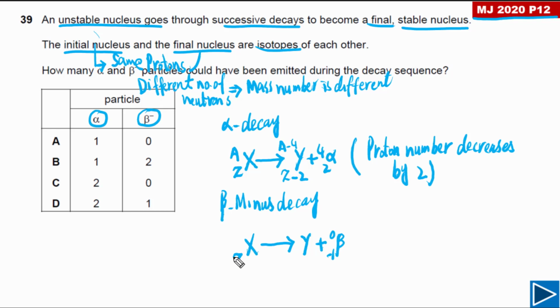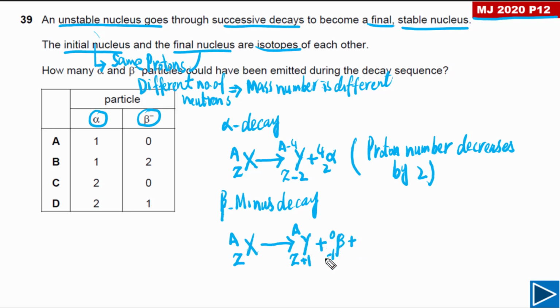Let's say the atomic number of this nucleus is Z and the mass number is A. Here the atomic number of the new nucleus has to increase by 1, Z plus 1, so then on both sides the charge is the same. Now the mass number does not change because this is 0, so A remains A.